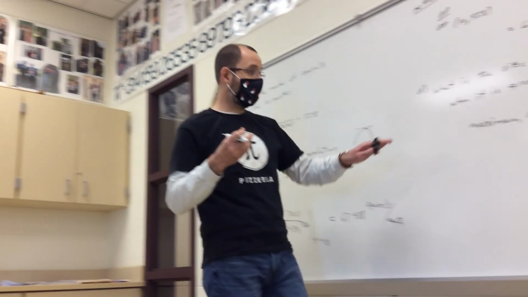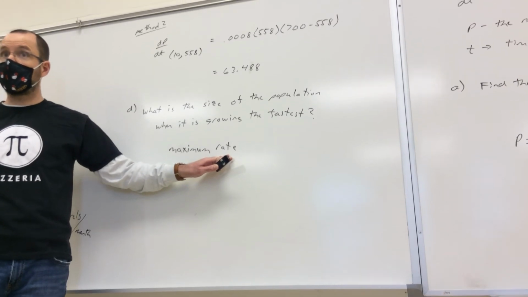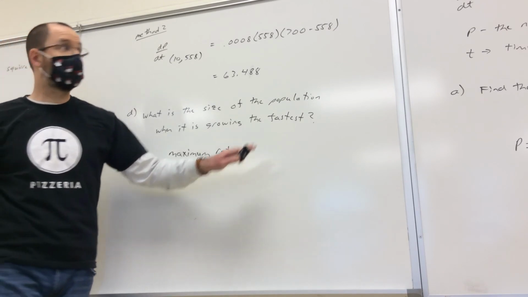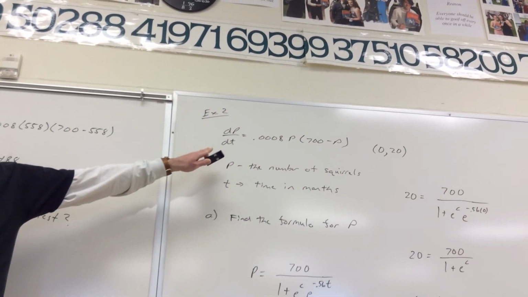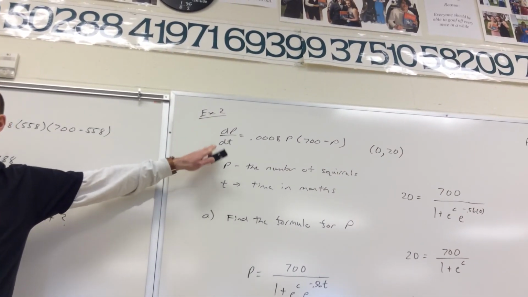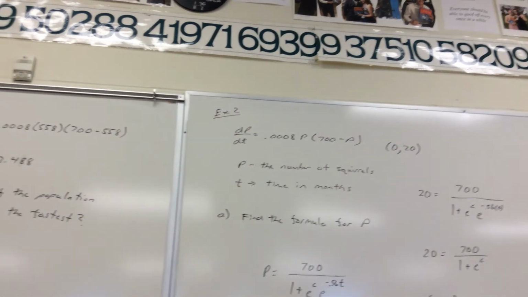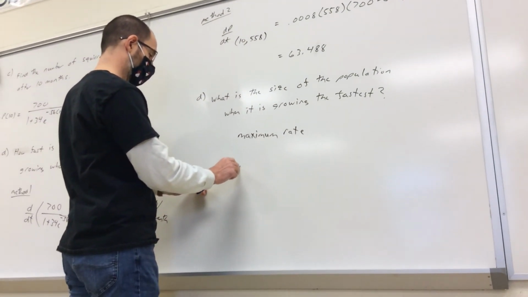Okay, so if you want the maximum rate, you're going to have to take the derivative of the rate and set it equal to 0 and undefined, right? So here's the rate. So we're going to have to take the derivative of this to get the maximum of this. Before we take the derivative of that, let's rewrite it.